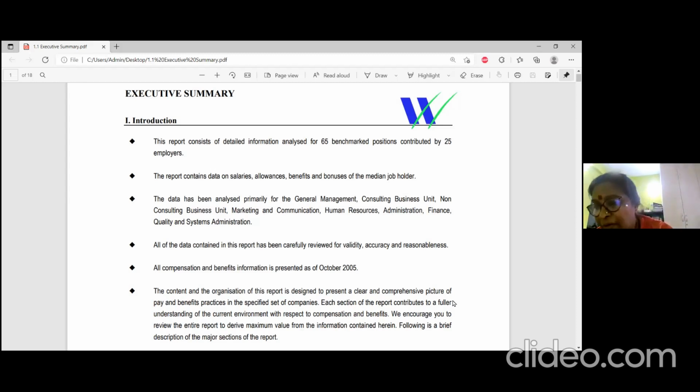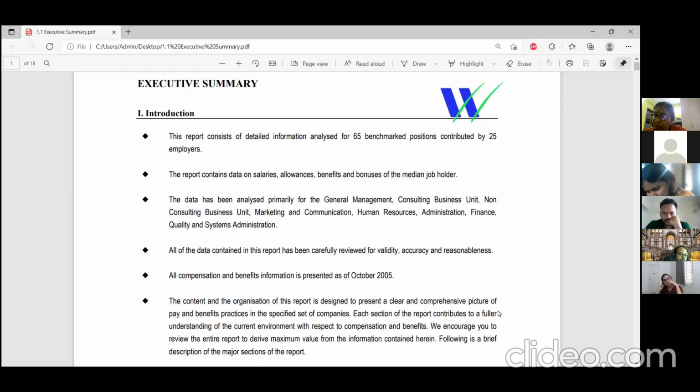B, typically, how do you go about it? You have to identify your benchmark jobs. Whenever you do market pricing, the key is benchmark jobs. You may ask, what are benchmark jobs? You have to look at all your key strategic positions, and those positions which form 30 to 40% of your workforce, because they are your core.